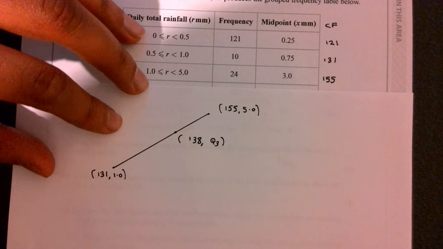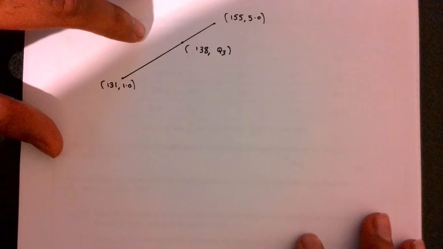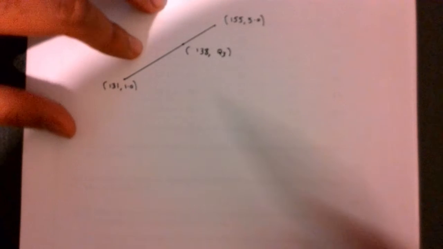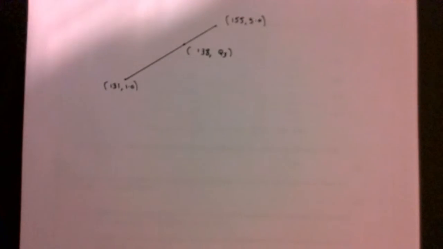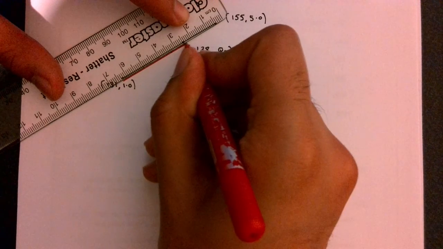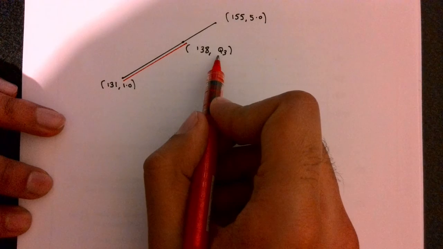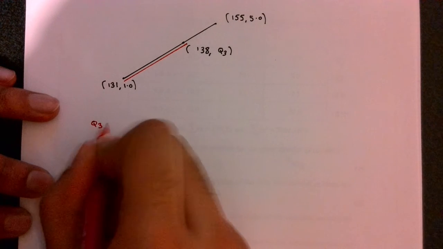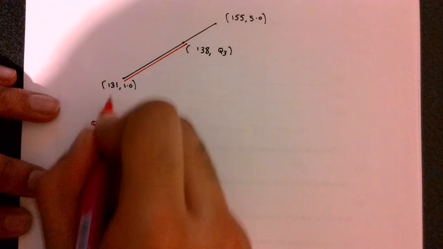So with that being said, we can actually find out these gradients and equate them to each other. So if we have a look at this smaller section, and it would help actually if I do this in a different color, if we have a look at this small section over here, then the gradient of that part, we have Q3 take away 1 over the change in x is 138 take away 131.